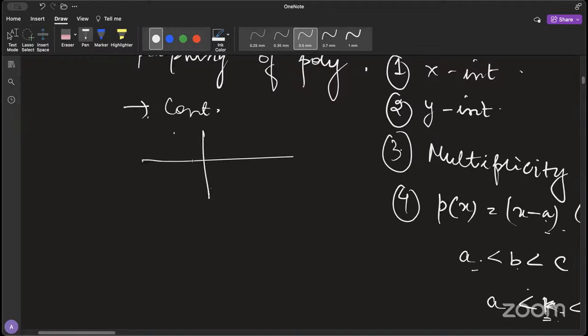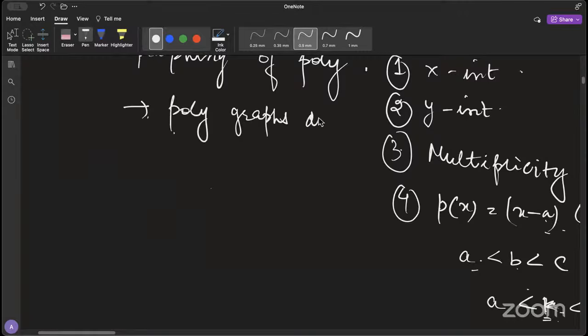But here, when I say continuous, I mean that they can be drawn without lifting the pen. So polynomial graphs don't have any breaks. And the second is they don't have sharp corners either, or sharp turns.